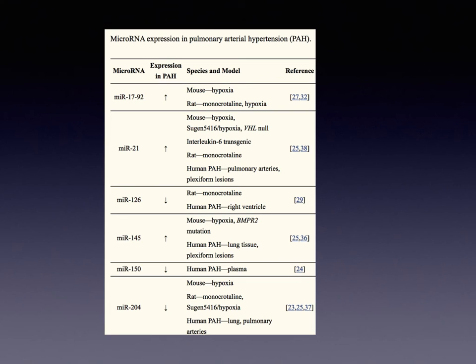And the role of several MIRs, including MIR 17, 19, 143, 145, 204, 214, 21, and 130, 301, in regulating pulmonary hypertension relevant signaling pathways and the disease phenotype has been confirmed in experimental models of the disease.